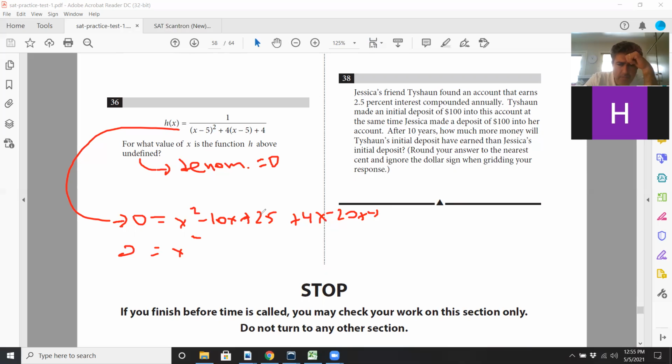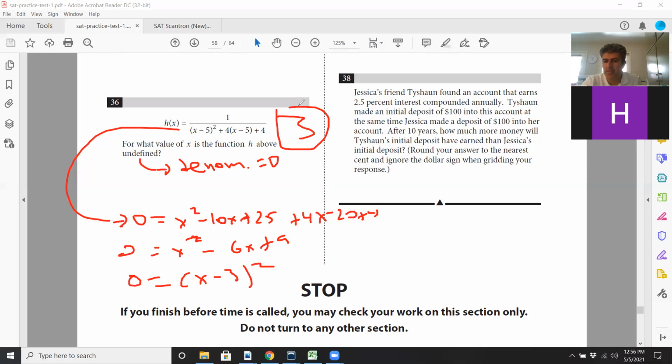I think that's minus 6x. Hold on a sec. Oh, goodness. That's a plus sign. So it's, sorry, minus 6x plus 9. There we go. I was like, oh my God, we can't factor this. So yeah, if you do it carefully, you should get that. And then, of course, you get x minus 3 squared. So 3 would be the next value that makes that undefined. So purely conceptual there.